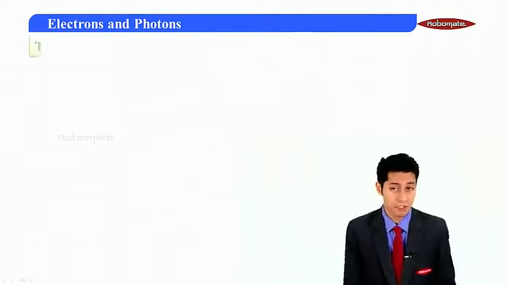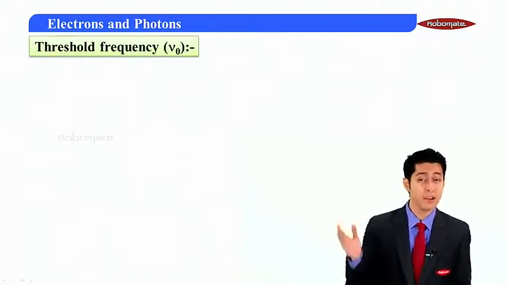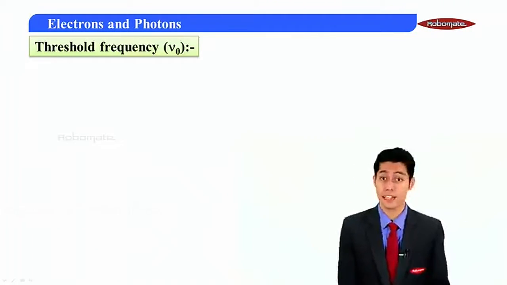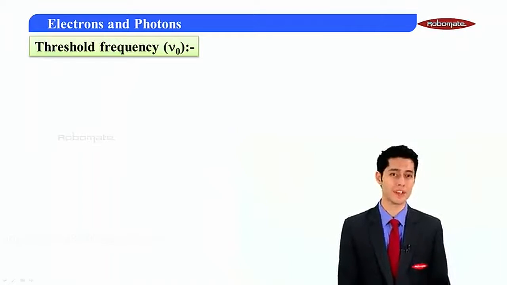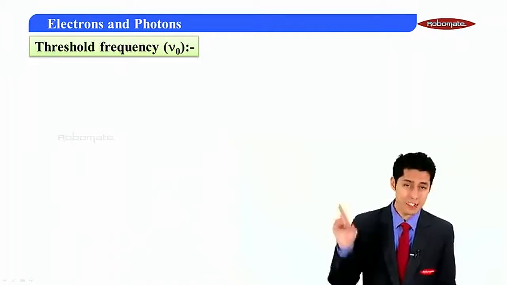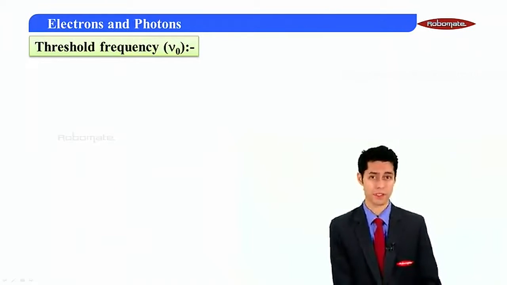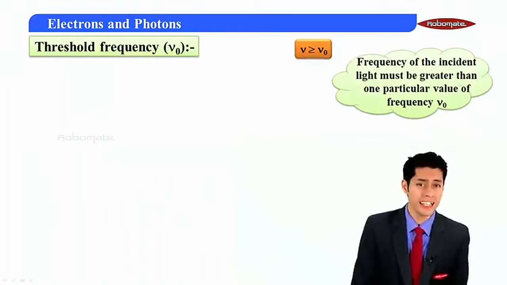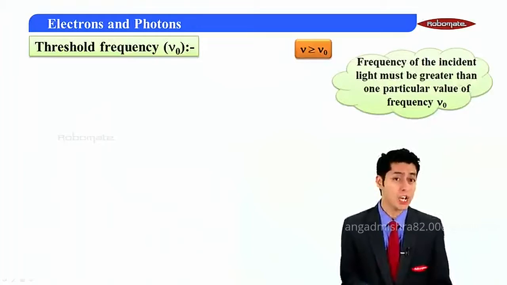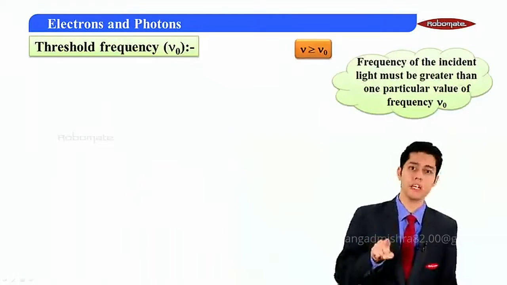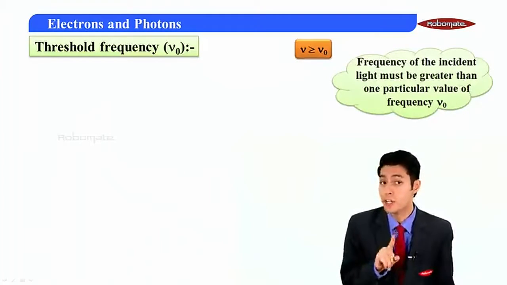After this definition, which we already had studied, we come ahead to the next definition, that is called as the threshold frequency. You can see threshold frequency is denoted by nu naught. In the previous module, we studied that the frequency should be greater than one particular value of frequency nu naught.